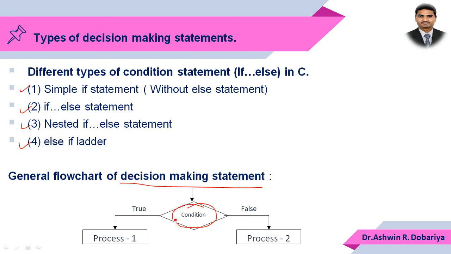If the condition becomes true, then what you want to execute, and if the condition becomes false, then what you want to execute. So we have two processes, process number 1, process number 2, but at a time we want to execute only one process, right?